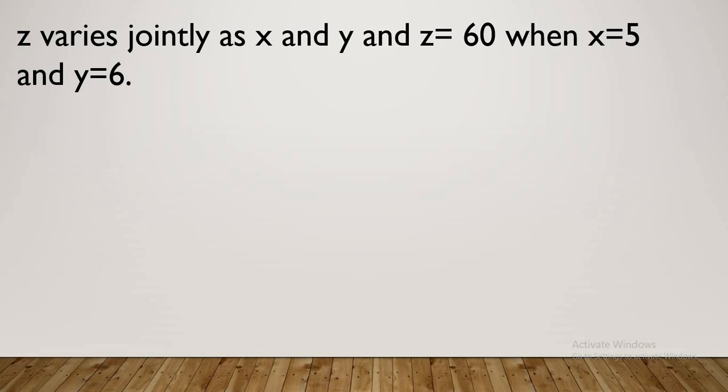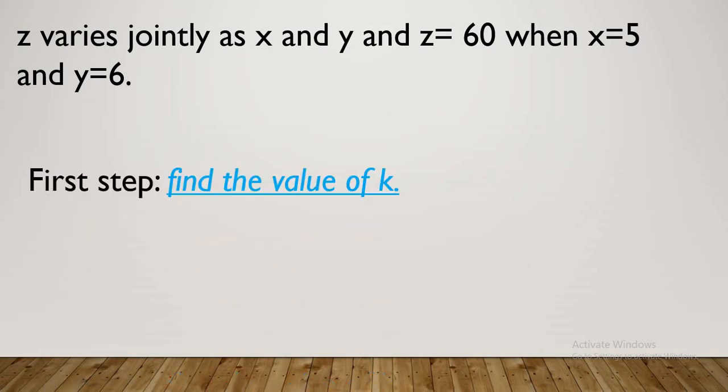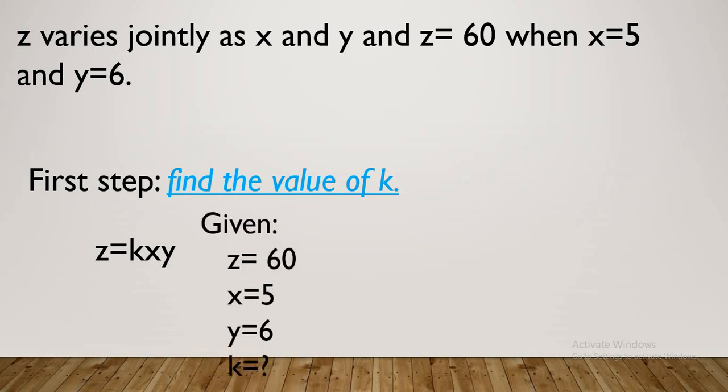Okay, so let us now solve first A. Z varies jointly as X and Y, and Z is 60 when X is 5 and Y is 6. So this is the first set of givens. Our equation is Z is equal to KXY, from Z varies jointly as X and Y. So we can now write down our given: Z is 60, X is 5, Y is 6, and we are looking for the constant of variation, which is K. Now let us substitute the values.